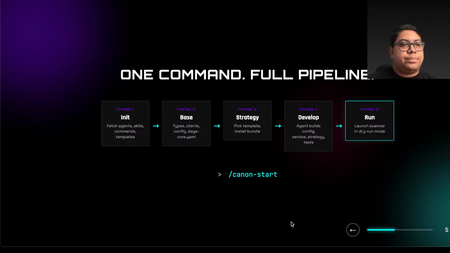So the first phase is to init. This is creating the basic requirements, or the agentic section of the strategy, which is going to fetch agents and skill commands. That is previous to the code base. This is the agentic part of the command.